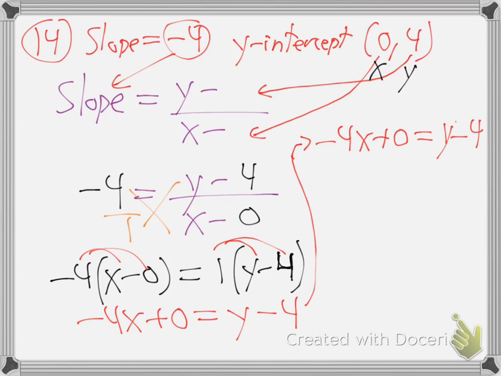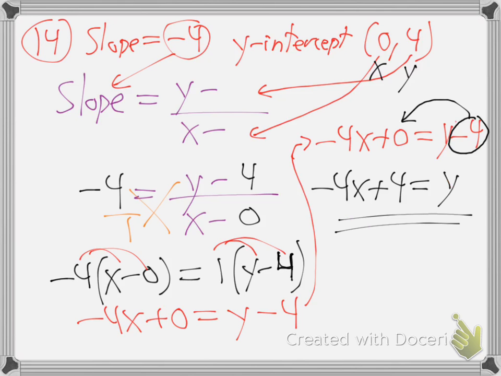So what do we do? Just grab that minus 4 and jump it to the other side. And so then what do we have? Minus 4x. When that minus 4 jumps over, it becomes a plus 4. And there we go. Is that making sense? Is that good?